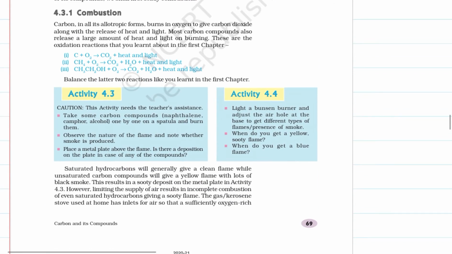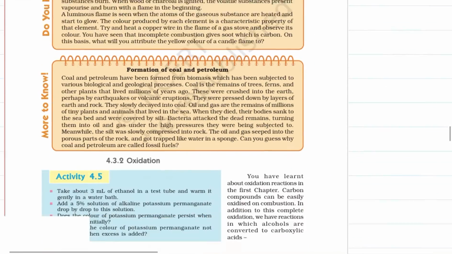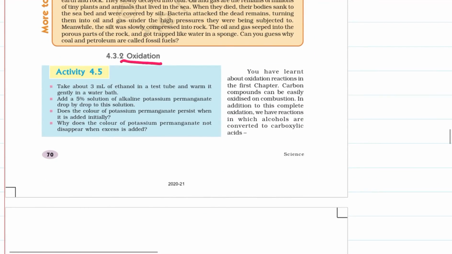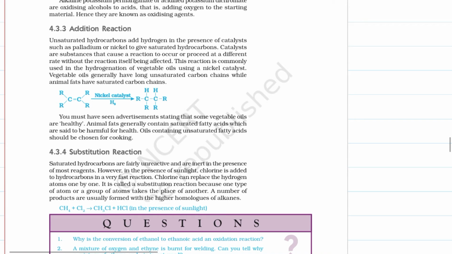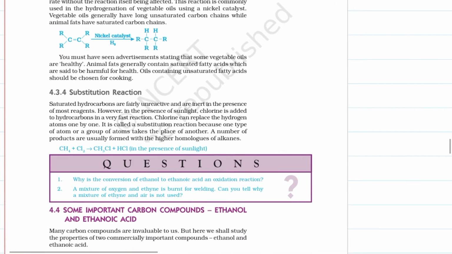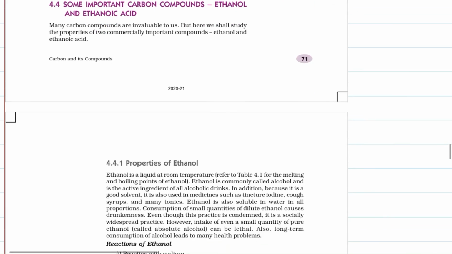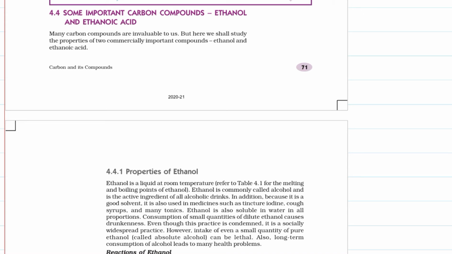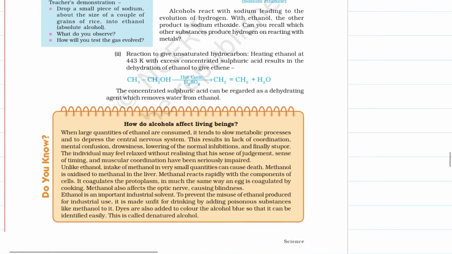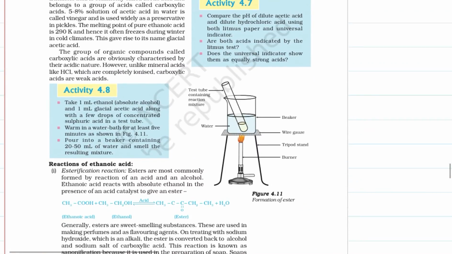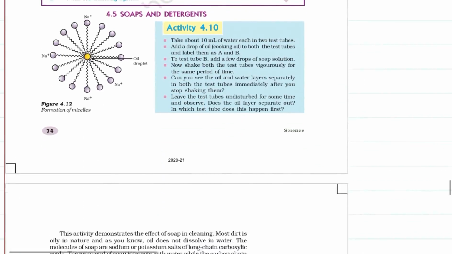And we will be studying chemical properties of carbon like combustion, oxidation, addition reaction, substitution reaction. And we will be studying the importance of carbon compounds like ethanol and ethanoic acid in our day-to-day life. This is what we are going to study in this chapter.